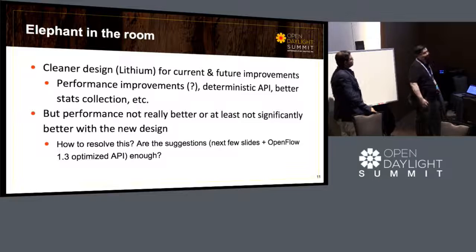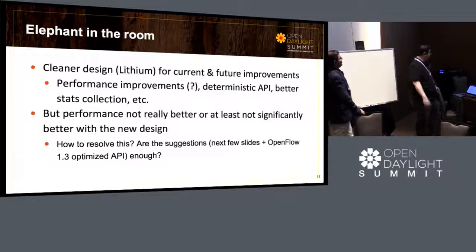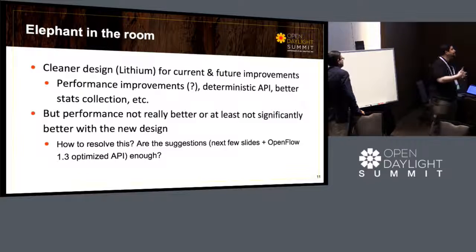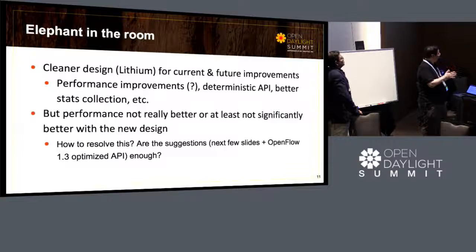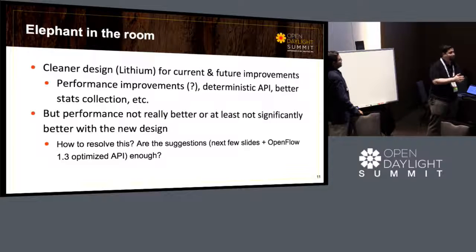So the elephant in the room is that the Lithium design has these current and future improvements and is a cleaner design. It has deterministic APIs and better stats collection, but still the performance is not really significantly better than the earlier design.